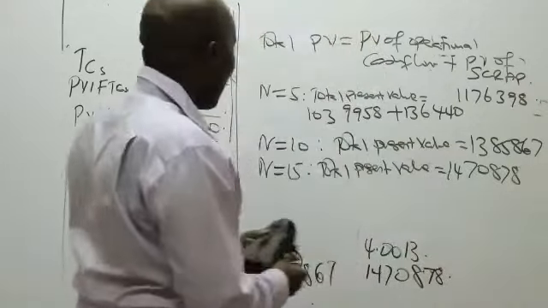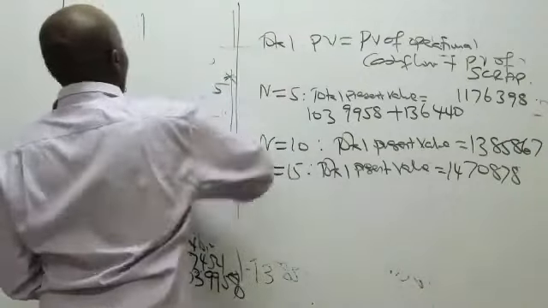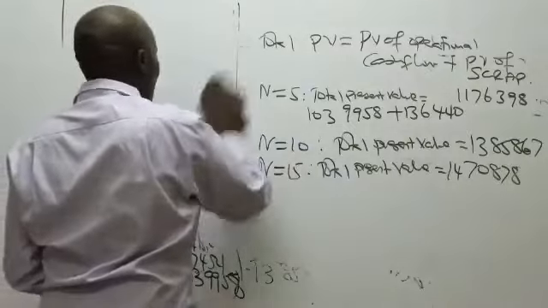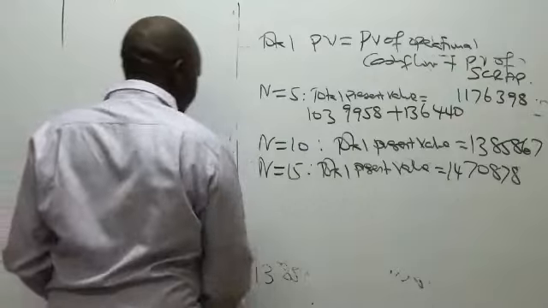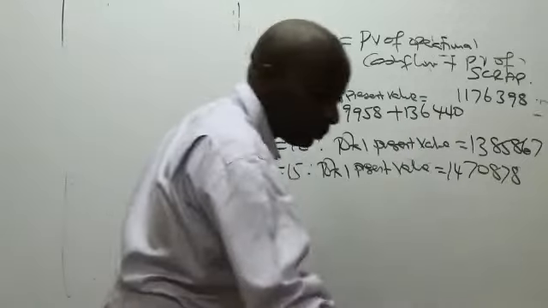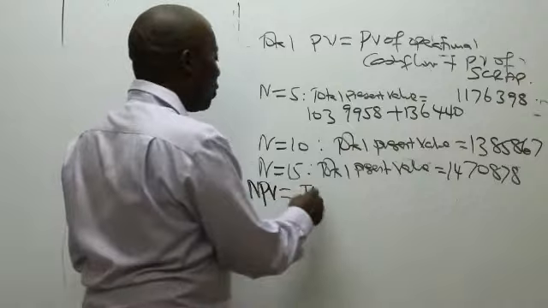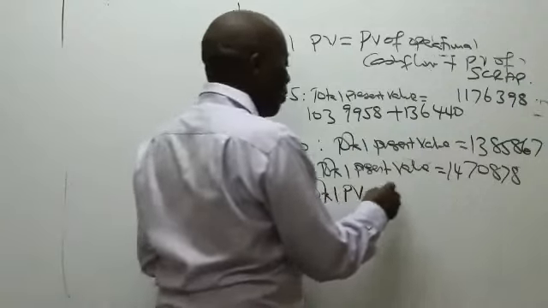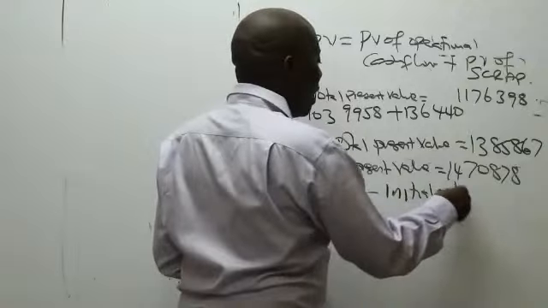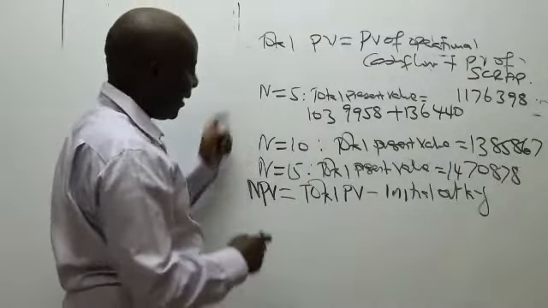So come here now and work with the last type of cash flows, which really is a subtraction of what here? The initial outlay. So give us the net present value, which will be equal to the total present value minus the initial outlay. As usual, we start with n equals 5.